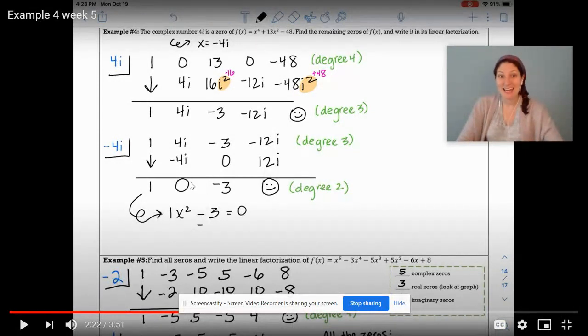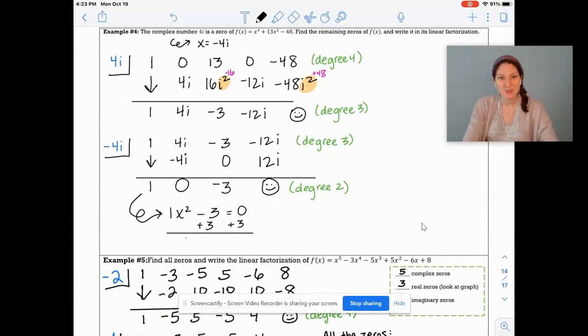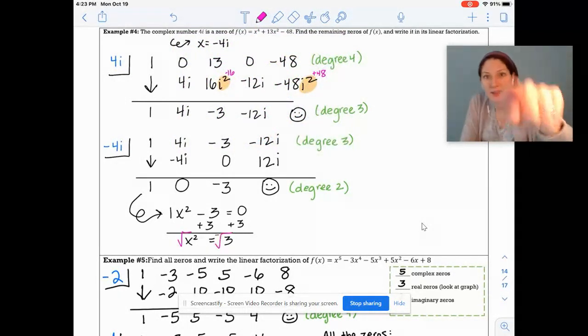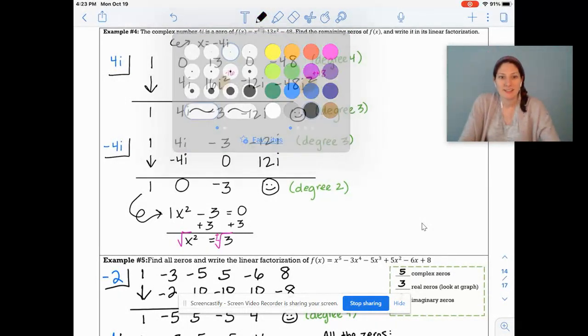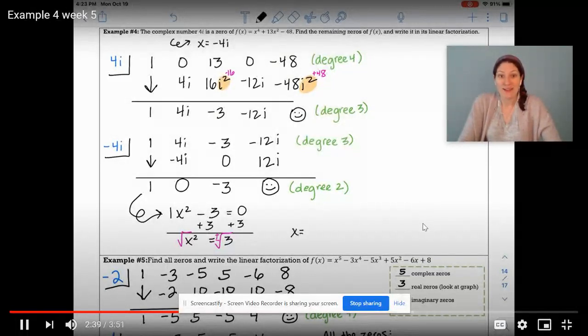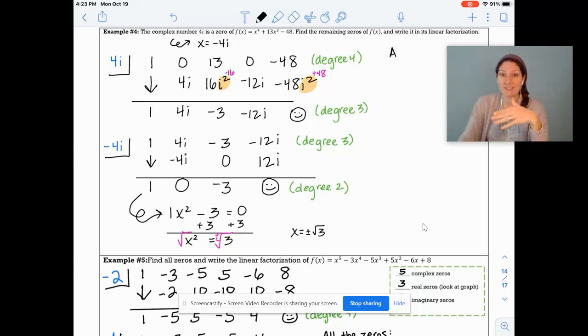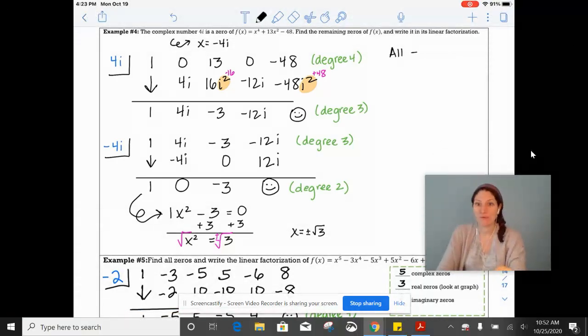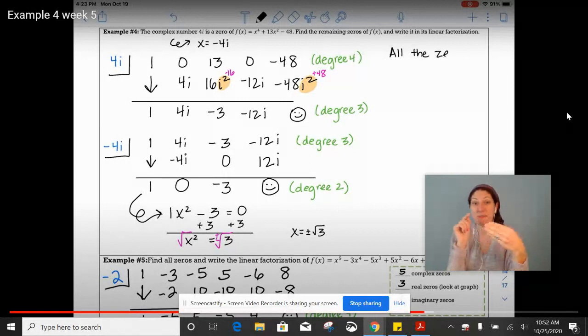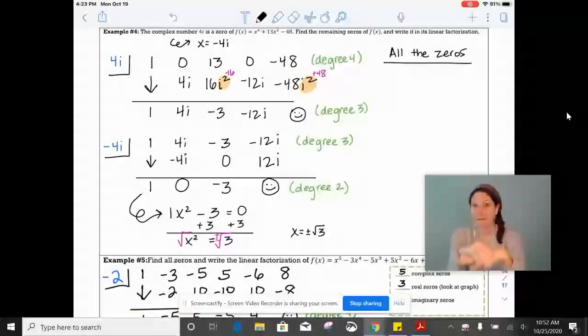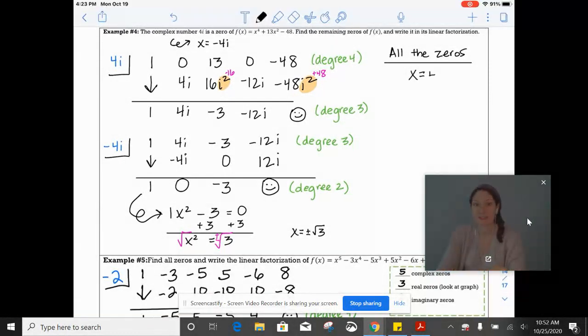If you're missing that linear middle x term, square roots would be the quickest option that you have. So get that x squared by itself. Take the square root of both sides. Don't forget the plus or minus. And so there are all my zeros. I have 4i, negative 4i, positive root 3, and negative root 3. 4 zeros, my degree was 4. That's how I know that I found all the zeros.